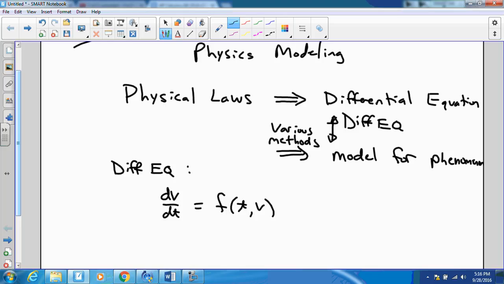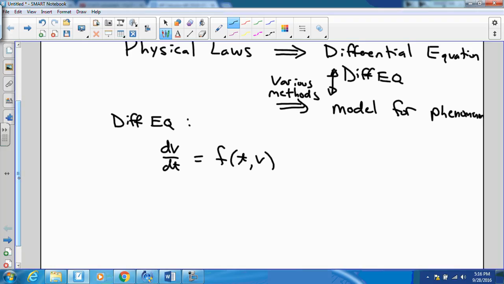And that some function could be a function of t and v, or it could be a function of t alone. Likewise, we can have dx/dt equals some other function of t and x, and so on and so forth.